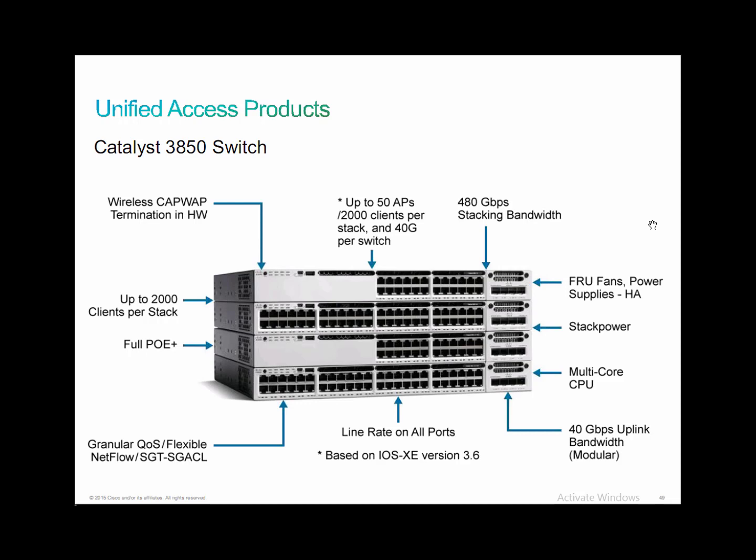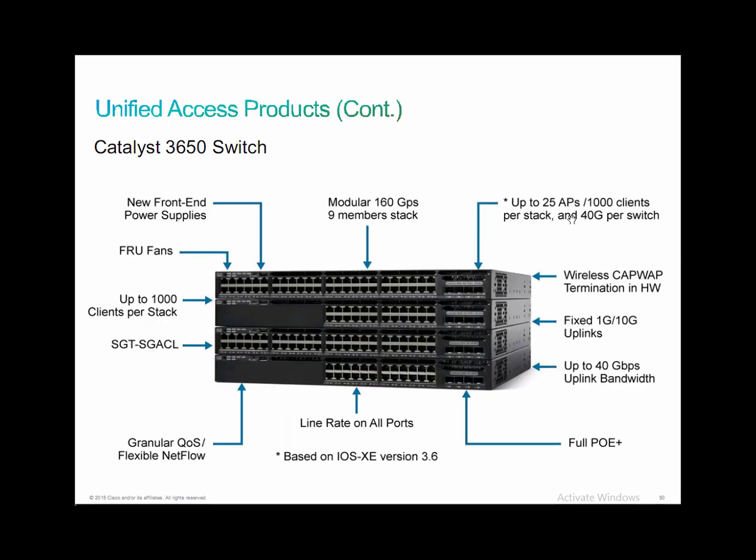That's the 3850 model. Another model, which is actually what we have in our lab environment for converged access, is the 3650 switch. It's an enterprise class standalone stackable access layer switch that provides a lot of the same functionality, right? Up to 40 gigs of wireless capacity per switch, 25 access points, 1,000 clients, so not as highly scalable as the 3850, and so on.